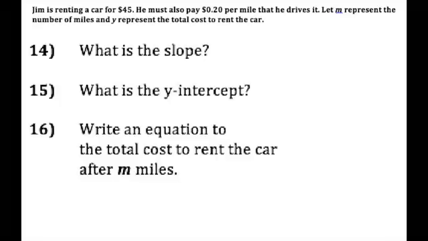Okay, our next problem. Jim is renting a car for $45. He must also pay 20 cents per mile that he drives. Let M represent the number of miles and Y represent the total cost to rent the car. So find the slope, the y-intercept, and then write your equation to represent the total cost where M is miles.